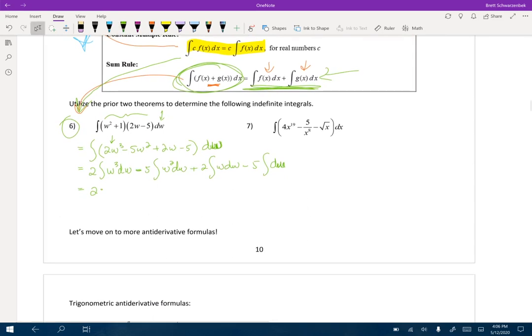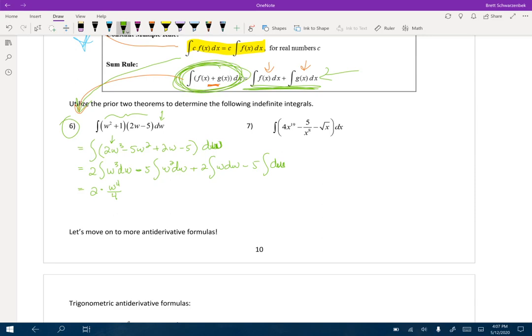So what is the antiderivative of w cubed? You add 1 to the exponent and copy the exponent below it. Done. Now normally we put a plus c. It turns out that when you do a bunch of terms like this, all we need is a plus c at the end of all the work that we do.